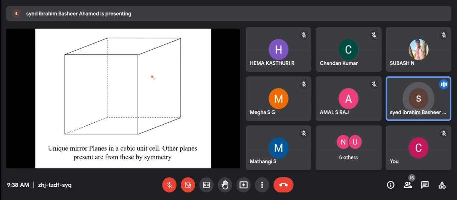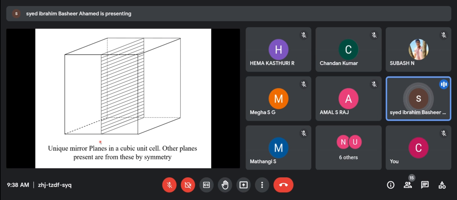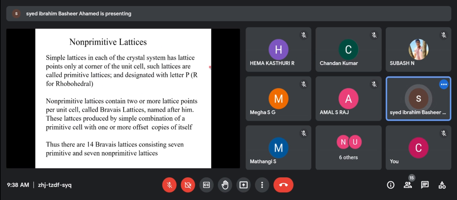So if you take a cubic unit cell, okay, you will have a lot of planes, right? Mirror planes, okay, in the center or in the diagonal or anywhere. Okay. So I told you that simple lattices in each of the crystal systems have lattice points only at the corner of the unit cell.